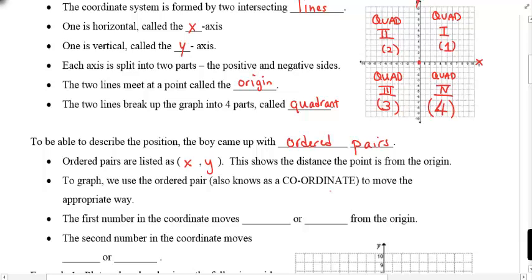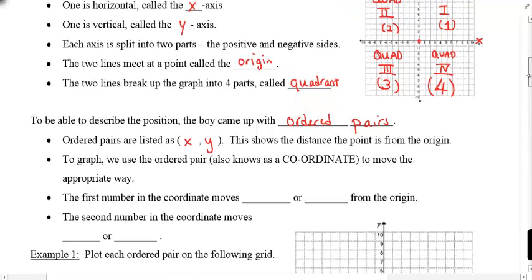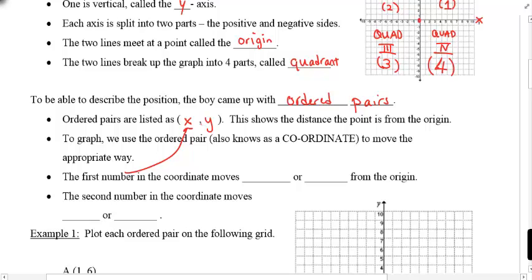The first number, the x, moves right when positive and left when negative. The second number, the y, moves up when positive and down when negative.